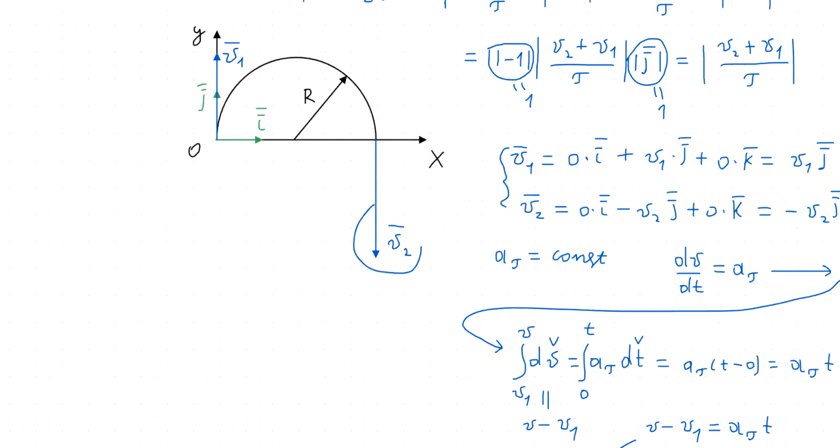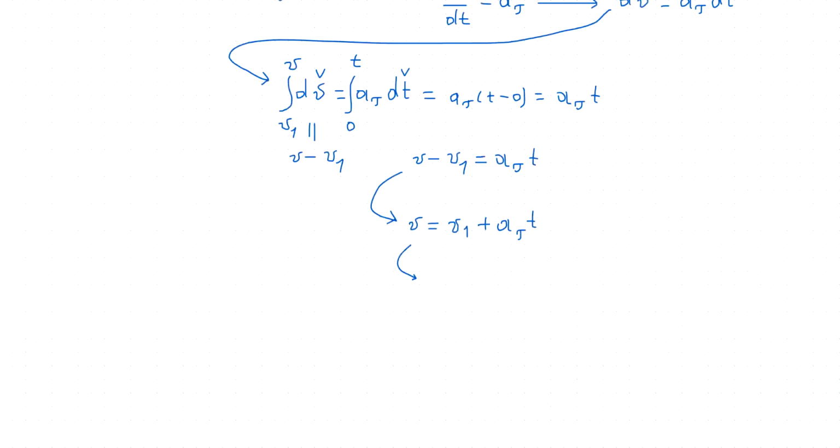So this means that v2 is equal to v1 plus this value. Sorry, I had forgotten about v1.